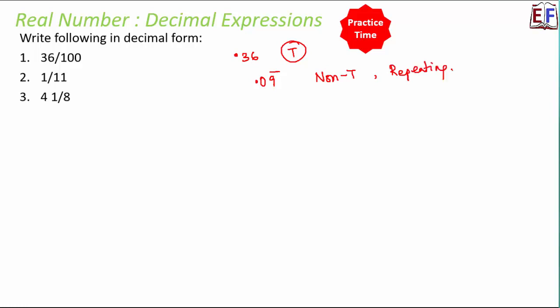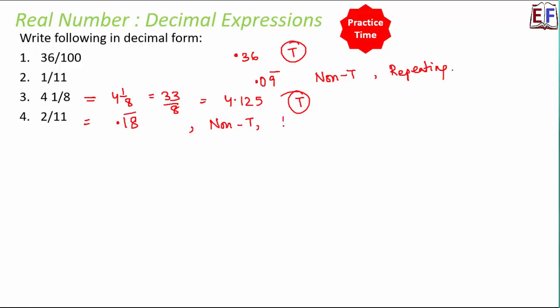Then 33 by 8. So this is not 41 by 8. 8 4s are 32 plus 1, 33 by 8. So this will be written as 4.125, and that is a terminating decimal. Then we have 2 by 11. 2 by 11 can be written as 0.18 bar. So this is also non-terminating, repeating. So in this fashion, we can write down the rational numbers in their decimal form.